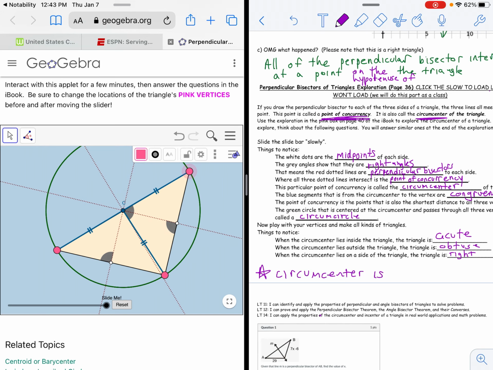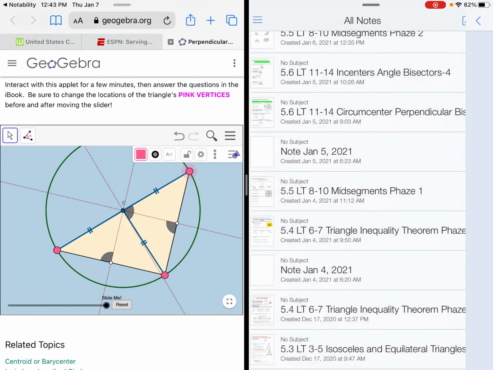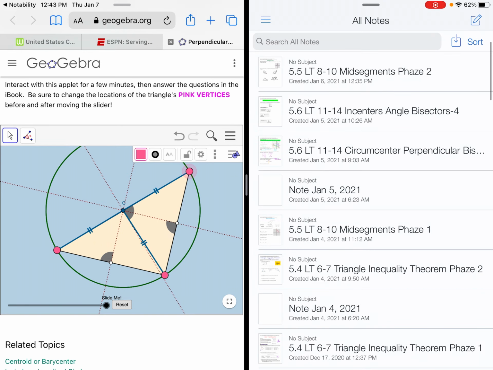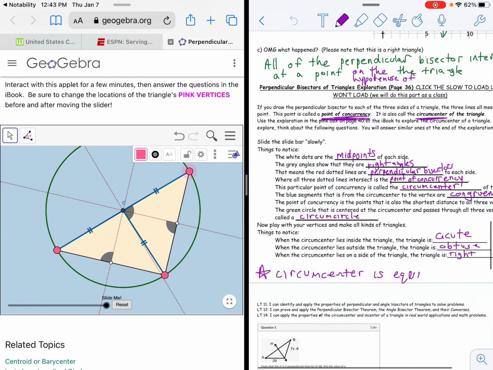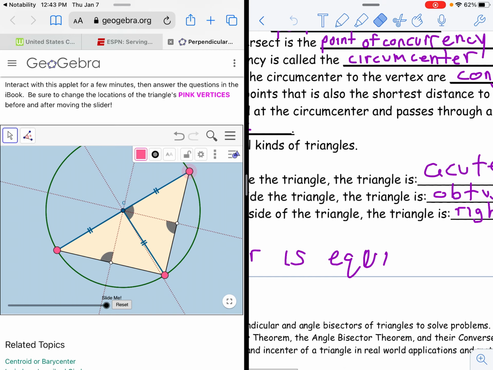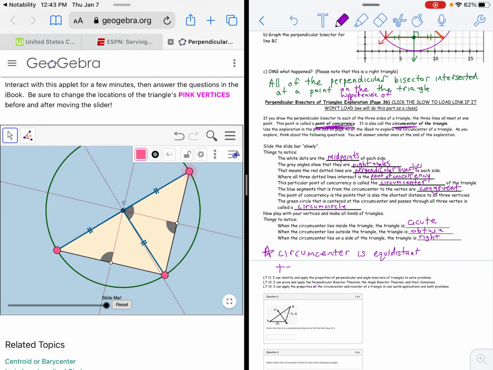Circumcenter is equidistant to all three vertices, or you could call them angles, of a triangle.